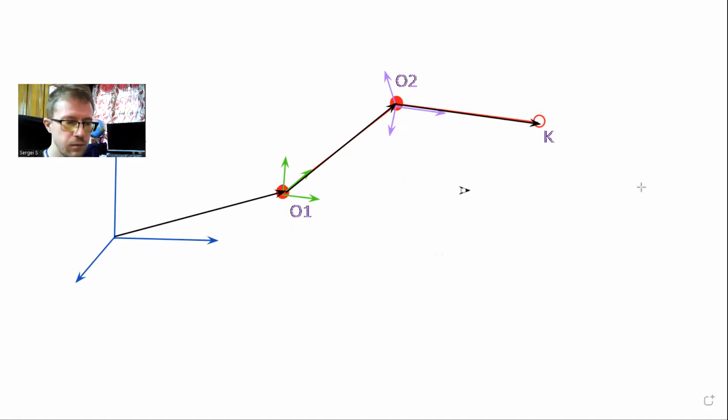Okay. Well, that is what we have. We have those vectors with respect to different frames. Okay. Is that clear? Do we need any more explanation?